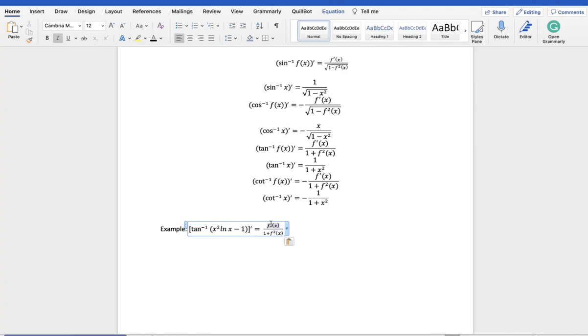It's just equal to the derivative of the function f(x), which is this function there, divided by 1 plus the function squared.